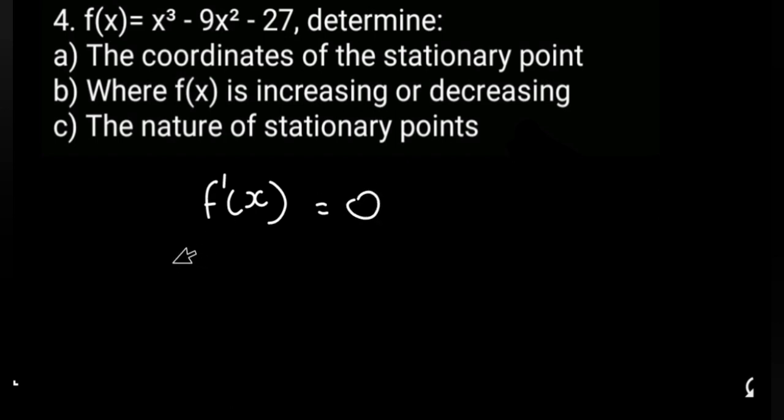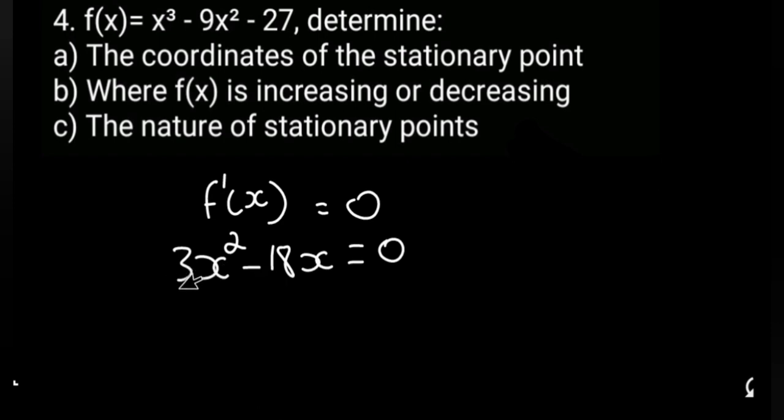Our first derivative is going to be 3x squared minus 18x, since if you differentiate negative 27, you get 0.